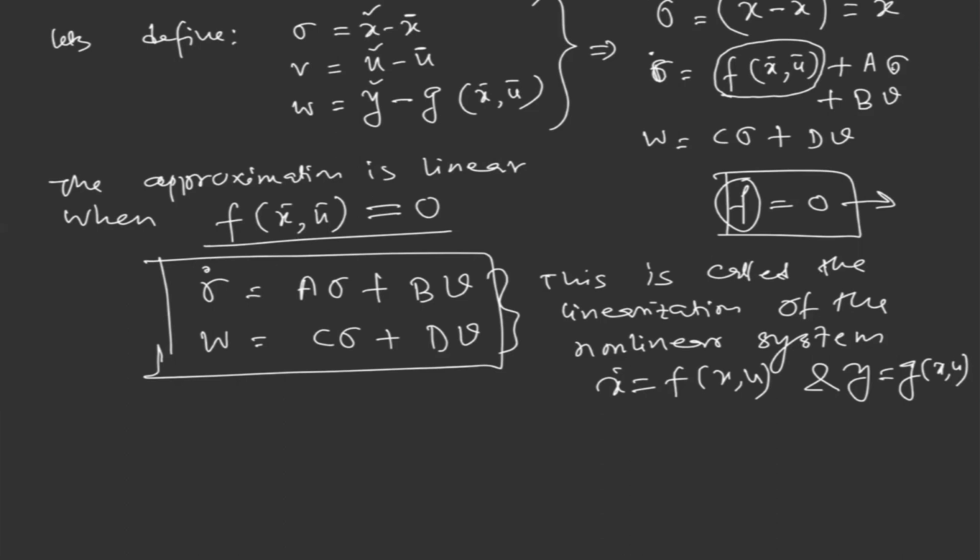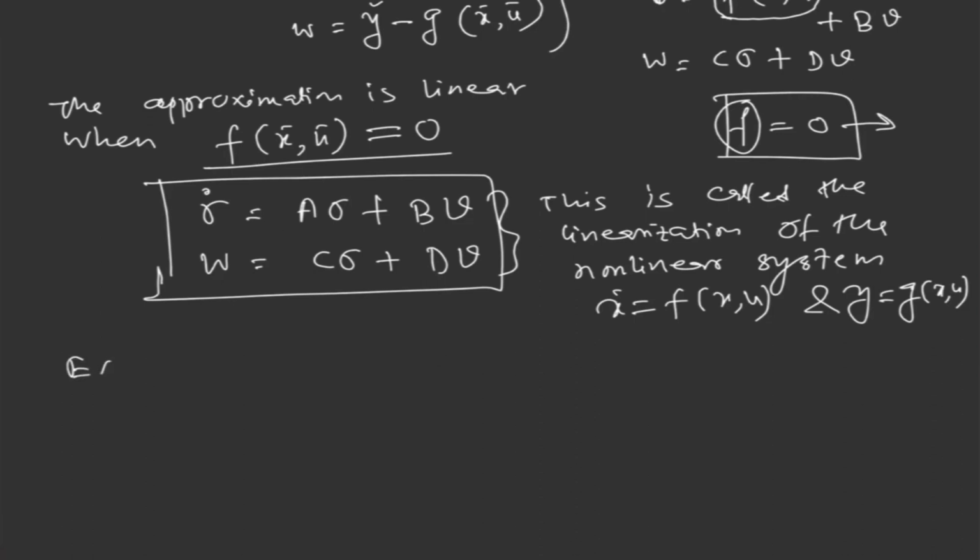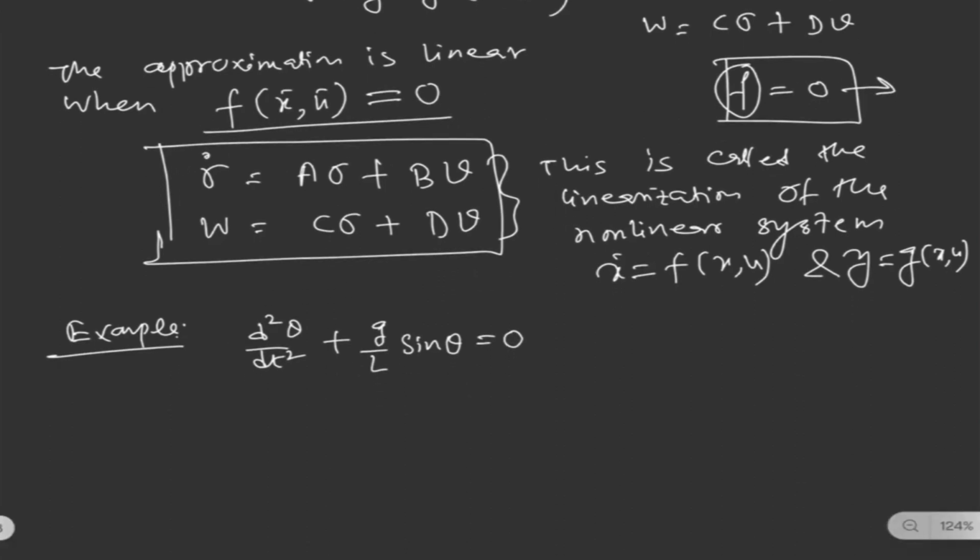So let's proceed. We have the system d squared theta by dt squared plus g upon L sine theta equal to 0. After changing the variables, we had x1 dot equal to x2 and x2 dot equal to minus g upon L sine x1.